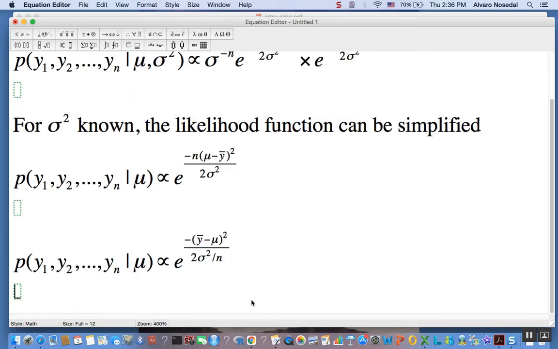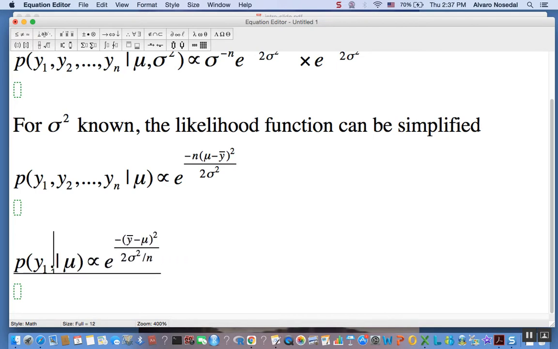Now, furthermore, note that the information contained in that sample, that set of observations y1, y2, and yn, we only need y bar to reflect it. So we could think about this as an expression that depends on y bar alone.